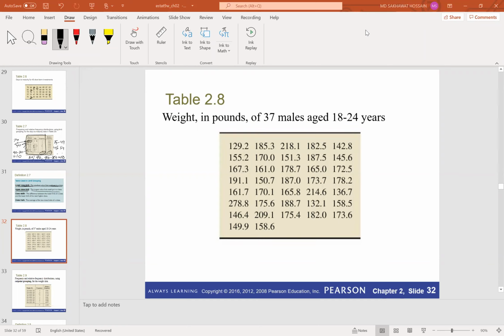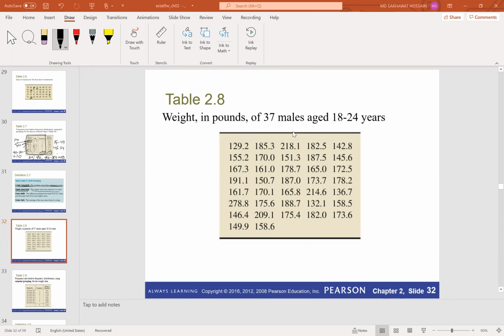What is our variable in this example? Yes, the weight is the variable, because the response is related to weight, not age. We have the weights of 37 males. So here the variable is weight.